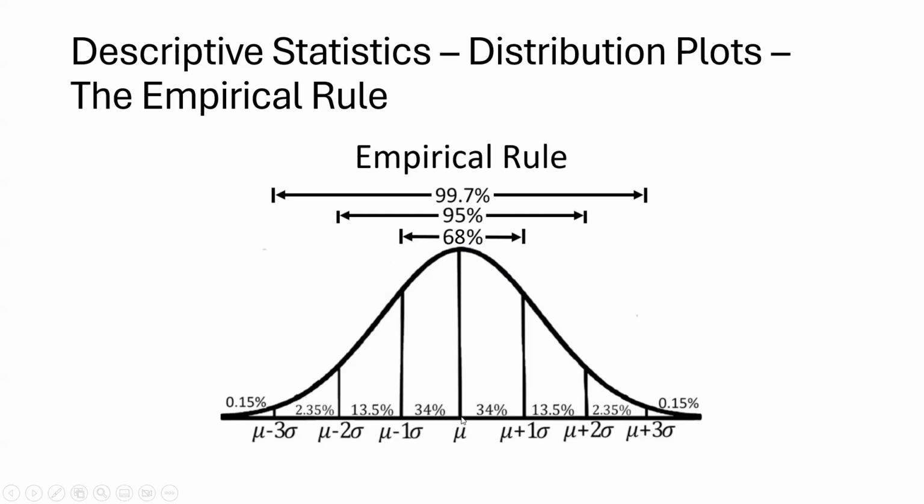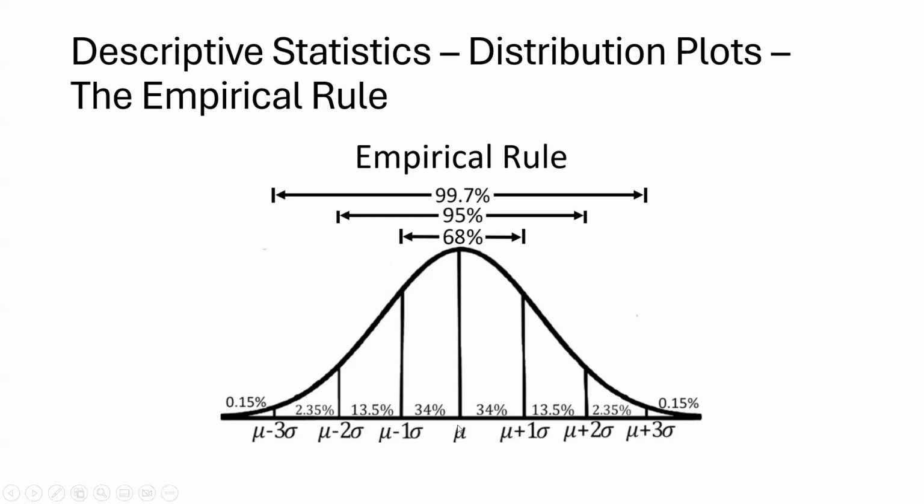From this point to this point is one standard deviation below the mean value. And from this point to this point, it is mu plus 1 sigma, which means one standard deviation above the mean value. We add the standard deviation to the mean to get to this point, and then mu plus 2 sigma, we add two standard deviations to the mean, and plus 3 sigma, and so on. And on the left side also, we subtract 1, 2, and 3 sigmas.